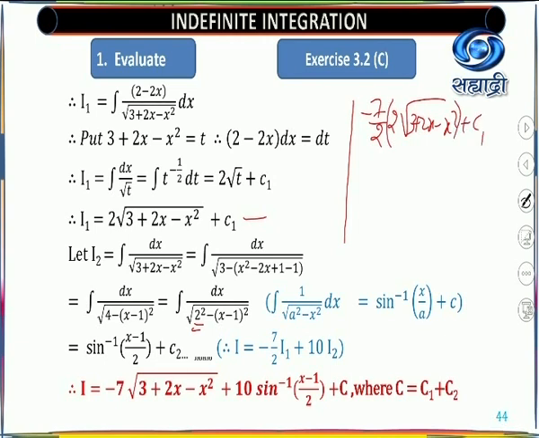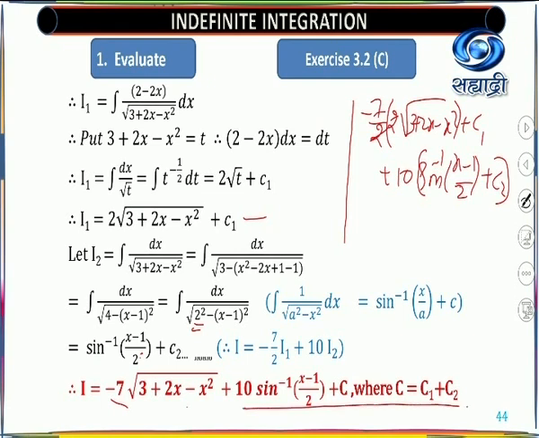And what is the plus 10 into I2 value? I2 value here is sine inverse of x minus 1 upon 2 plus constant of integration, that is multiplied to the complete term. So now these are constants, 2 will get cancelled, you are getting minus 7 root of 3 plus 2x minus x square plus 10 sine inverse of x minus 1 by 2, and we say that capital C equals C1 plus C2.